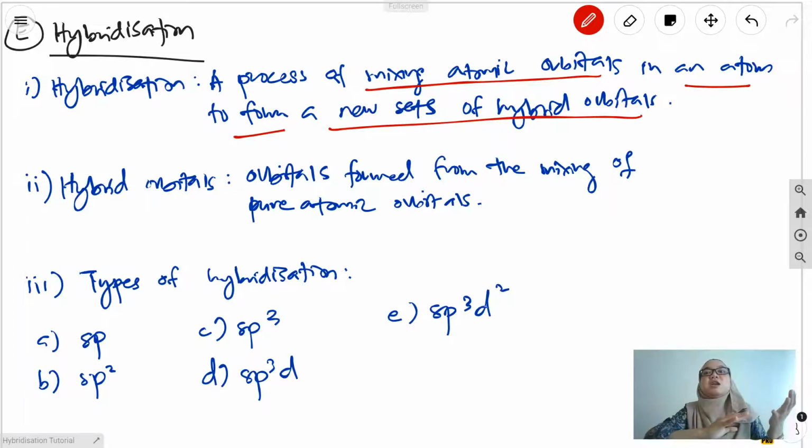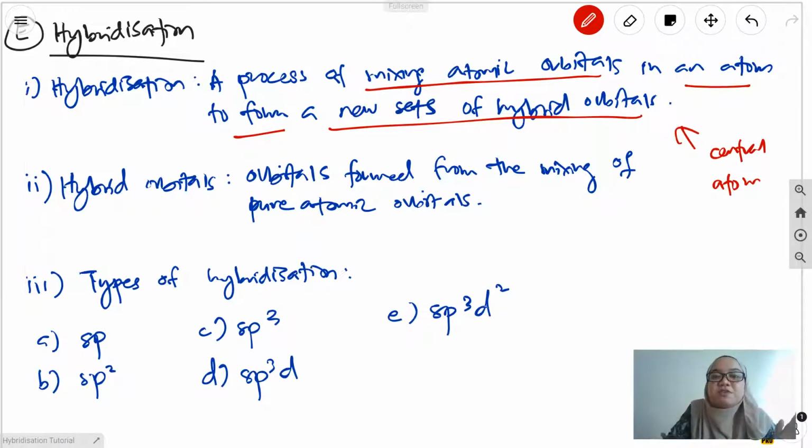And usually, the only atom that takes part in this hybridization is the central atom. Okay, so what are hybrid orbitals then? Hybrid orbitals are the orbitals formed from the mixing of pure atomic orbitals.